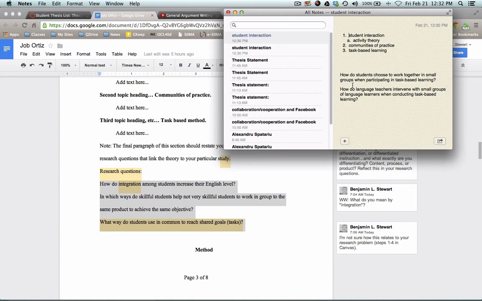Sure. Now, I was thinking about the other teacher who is in the same school I work. I asked her, and she told me that she's also working with the task-based, and she does part of what I'm looking for. So can I observe her instead of observing my classes? Well, you're not going to observe your classes.